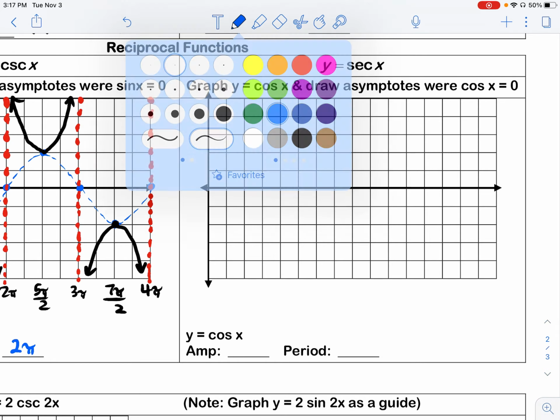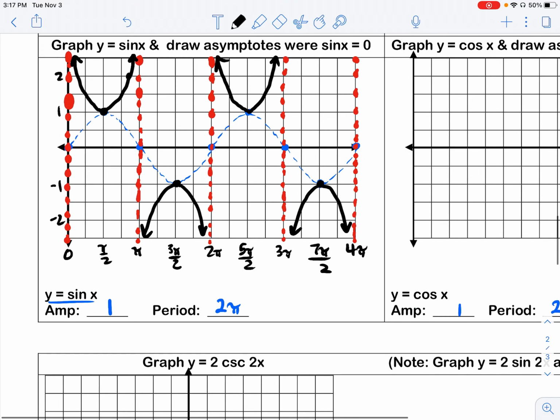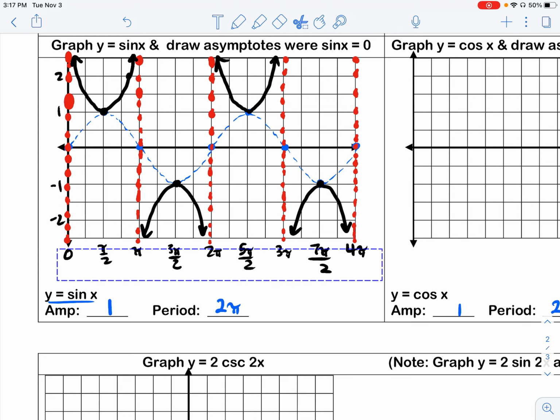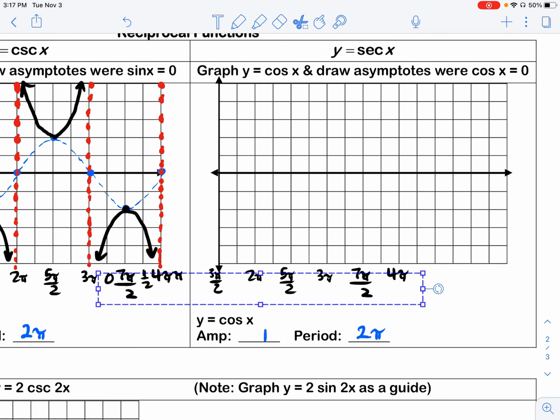On that note, let's go ahead and do cosine and its reciprocal secant. So for cosine, and I'll do this in blue, we know its amplitude is 1 and its period is 2 pi. So I'm going to use that to label my x-axis just like we did before, and I'm just going to copy and paste this. I know that's kind of cheating.